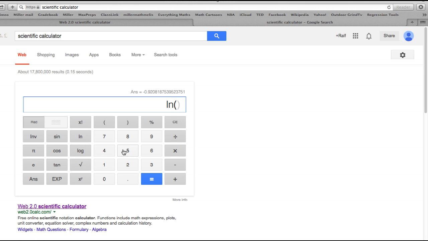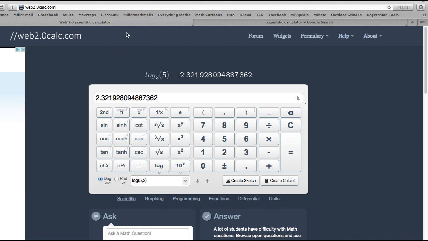So it says the natural log of 5, close the parentheses, divided by the natural log of 2. And how much is that? We get 2.321928. Here's the other one, 321928. And you can see it's the same number.